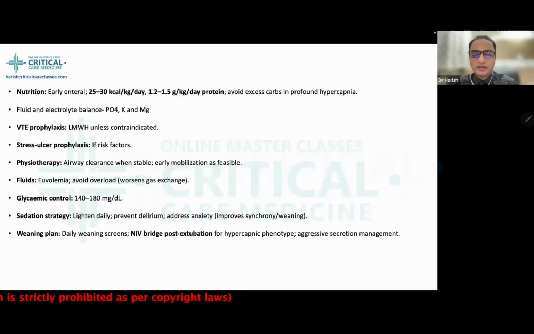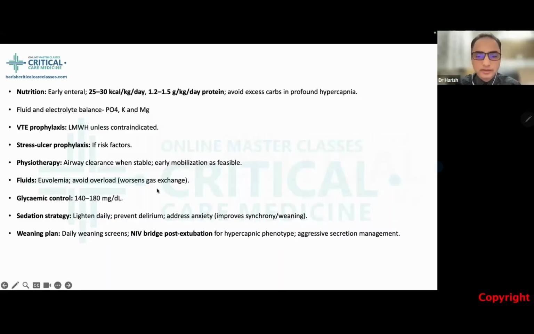Daily sedation interruption, lighten daily, prevent delirium, address the anxiety, improve synchrony and weaning. Have a weaning plan in hand when the infiltrates are reducing, and assess a daily weaning screen. These are the add-on supportive care measures you are going to do in a COPD patient.